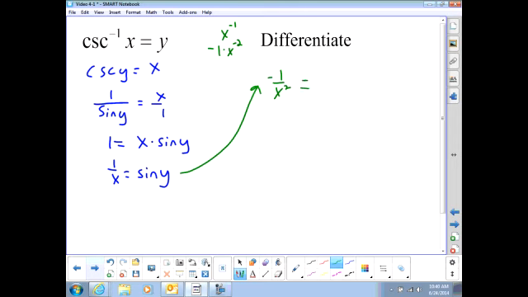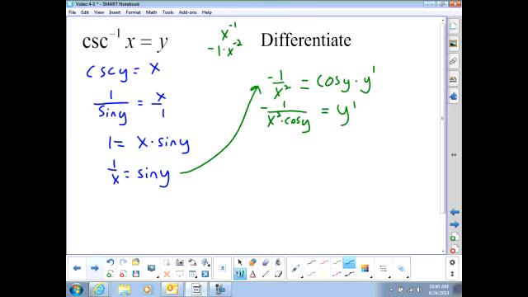Derivative of sine y would be cos y times y prime. And our goal is to find out what y prime is, so we'll divide the cos y over. And dividing by cos y is like multiplying by 1 over cos y, so we'll end up with negative 1 over x squared times cos y.